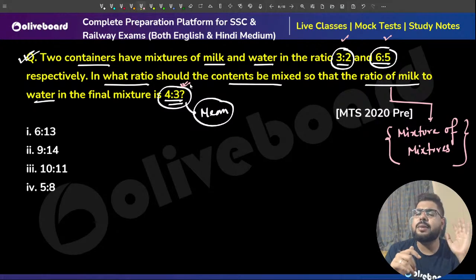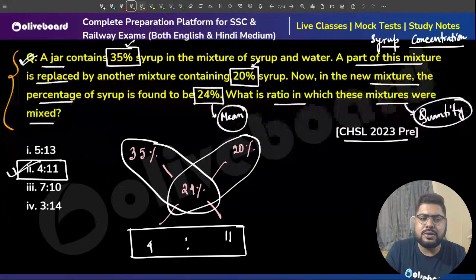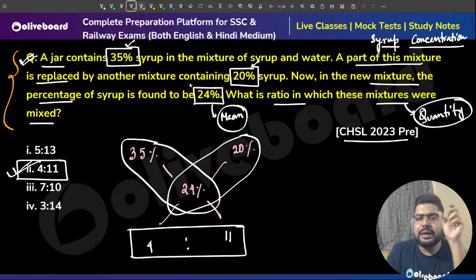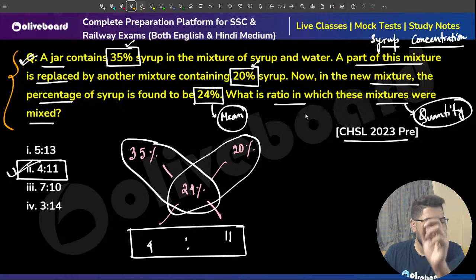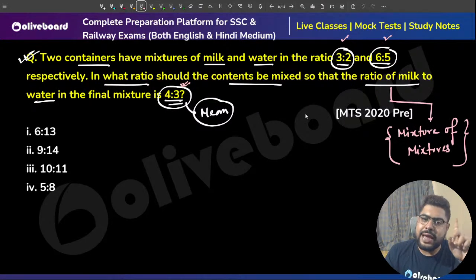But do not worry about that. If I can use allegation when the contents were given in terms of percentage, then logically, using that same logic, I should be able to use allegation when the contents are given as ratios.